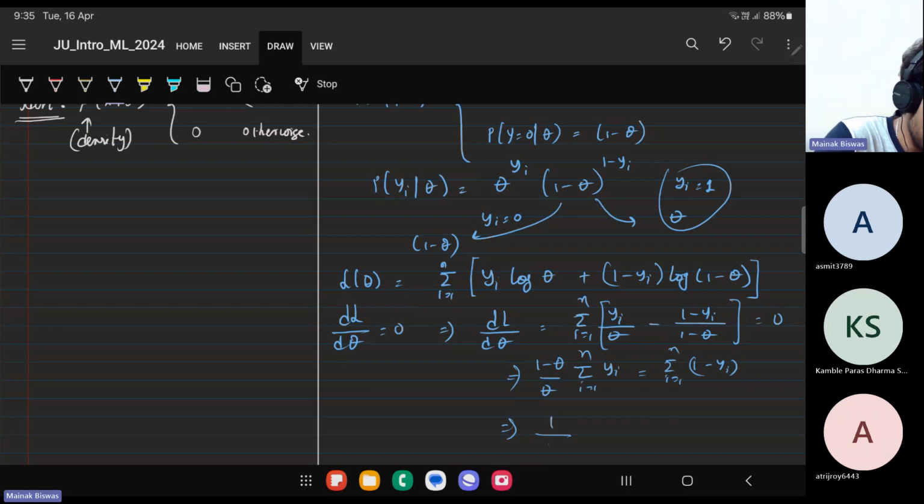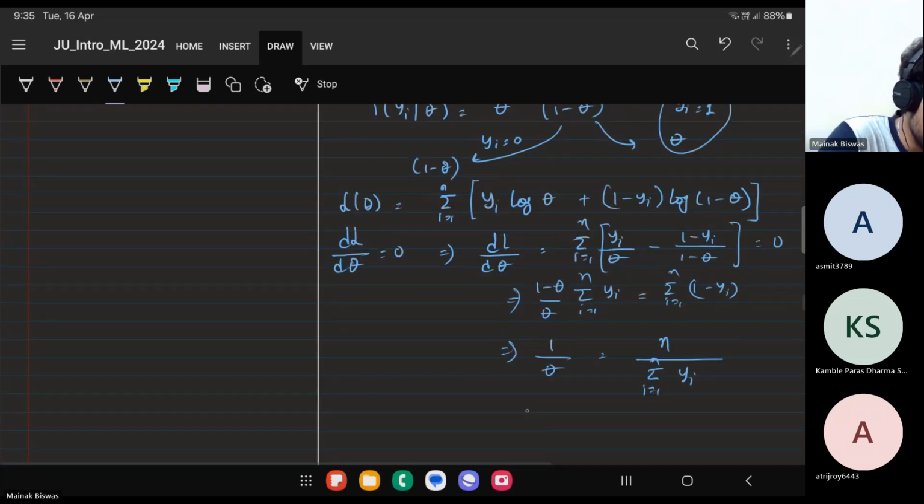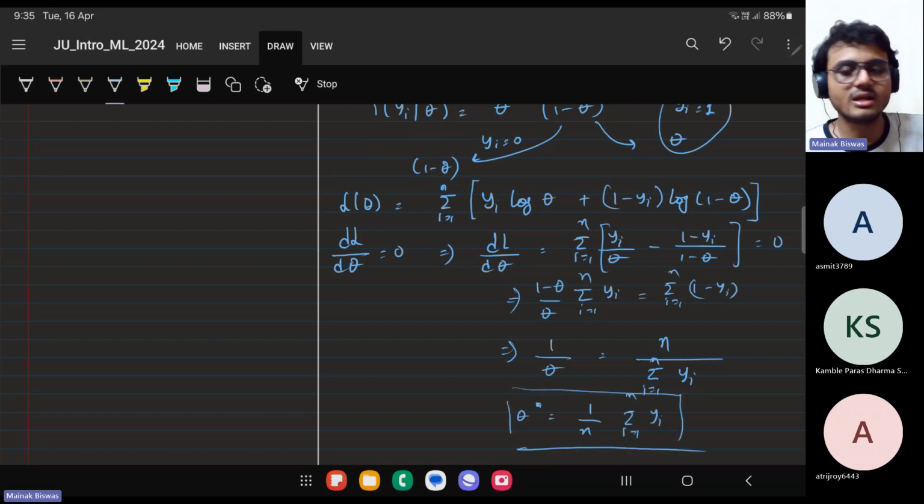So I can write 1 by theta as n by the summation of i equal to 1 to n of yi, or theta star as the summation of i equal to 1 to n of yi divided by n. Did we get the same output?